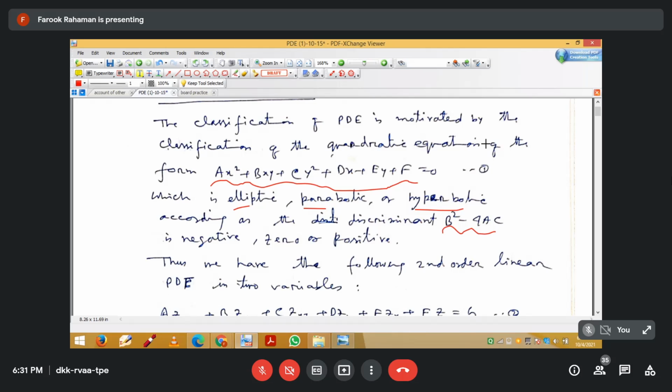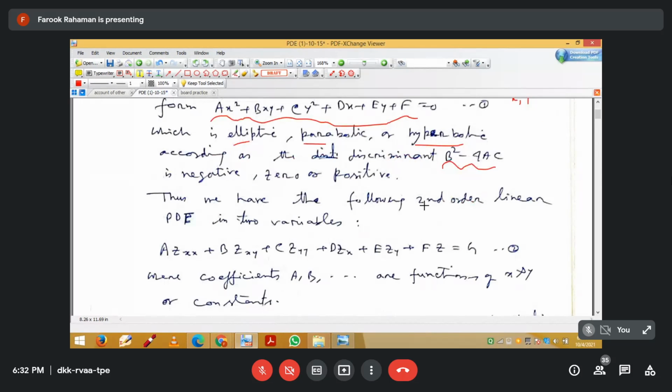Now, suppose we have a partial differential equation of two independent variables, x and y, and z the dependent variable. We have a second order partial differential equation with two variables only, and it looks like this.